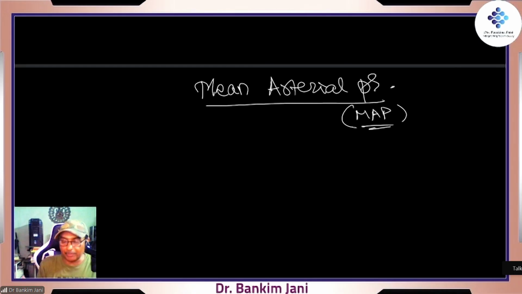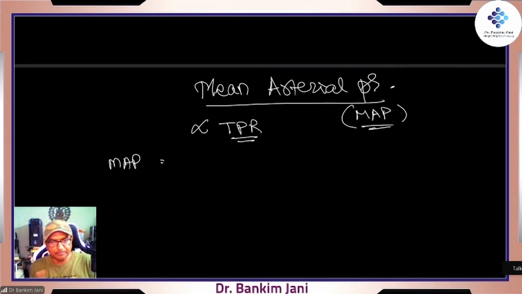It is proportional to TPR, total peripheral resistance. Simply speaking, mean arterial pressure is nothing but cardiac output times total peripheral resistance.